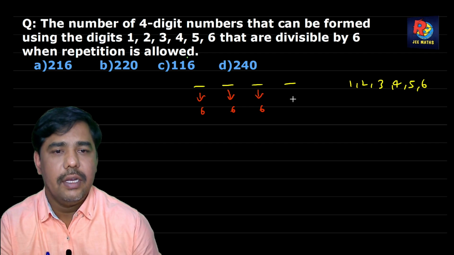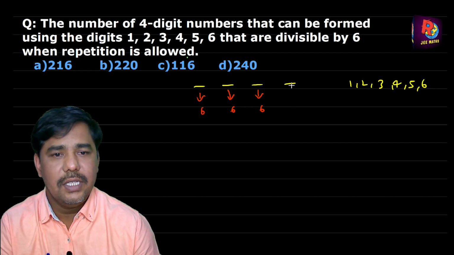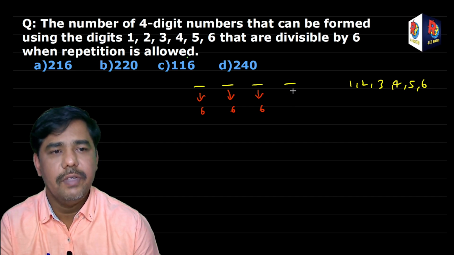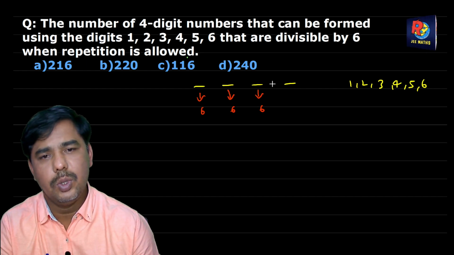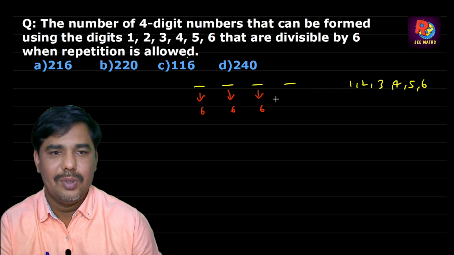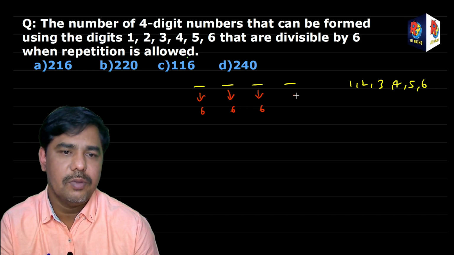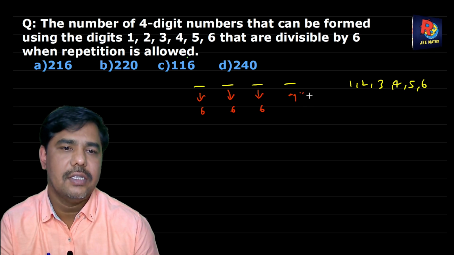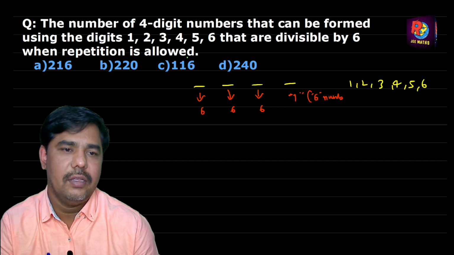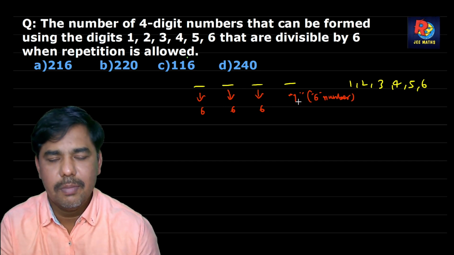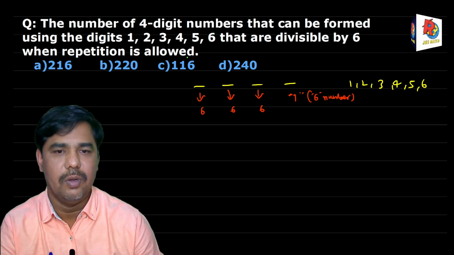But for the number to be divisible by 6, the unit place should be divisible by 2 and 3. Out of 1 to 6, there is only one possibility, that is 6. Only if the unit place is 6 will it be possible.